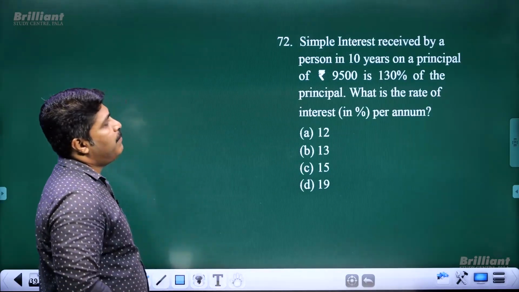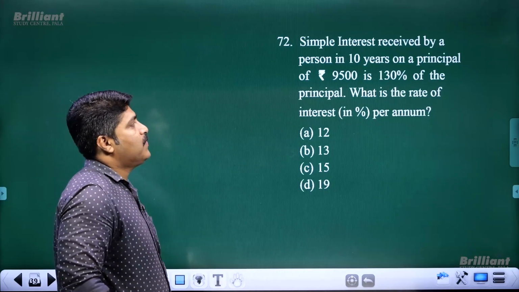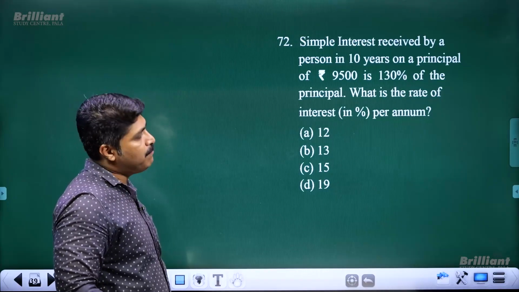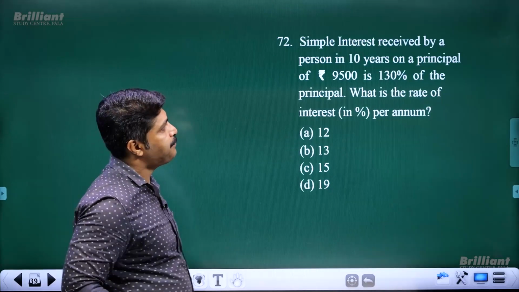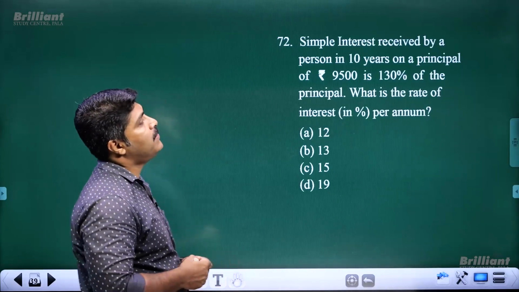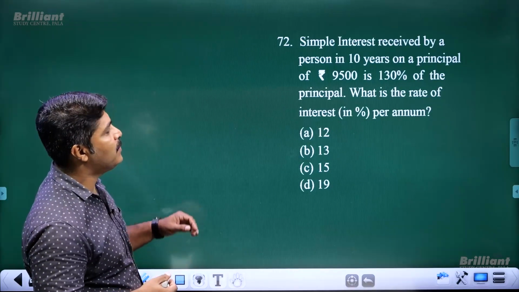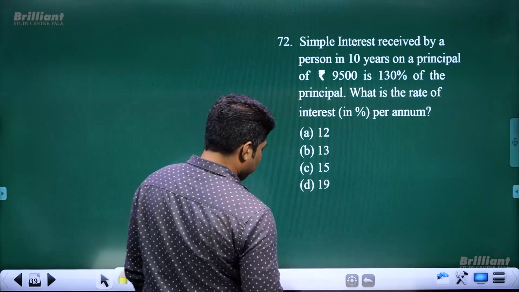Simple interest received by a person in 10 years on a principal of rupees 9,500 is 130% of the principal. What is the rate of interest per annum? It's a quite simple question.